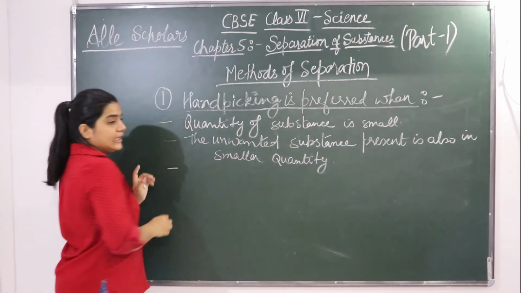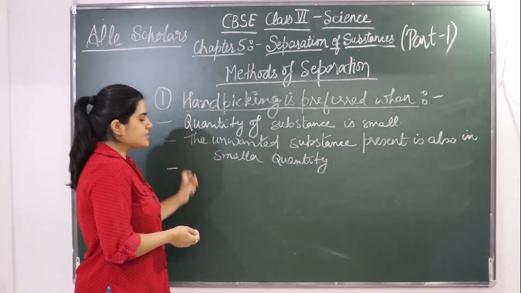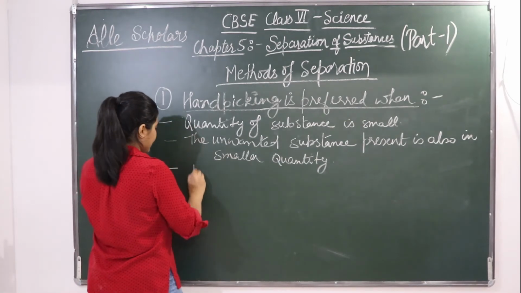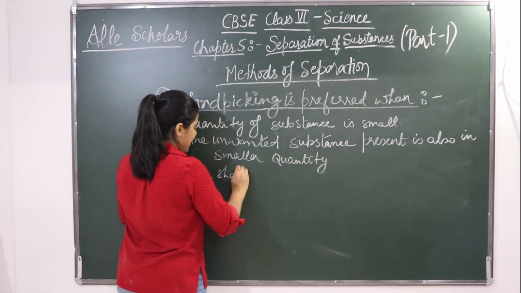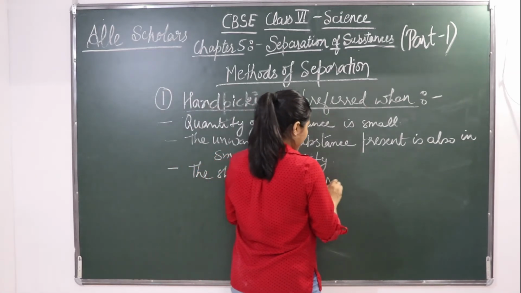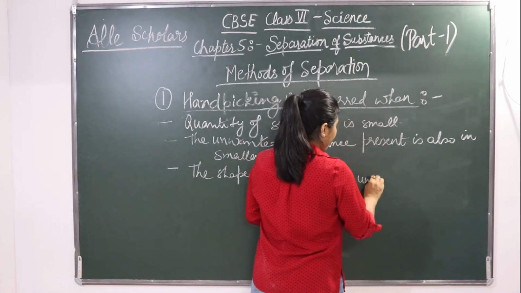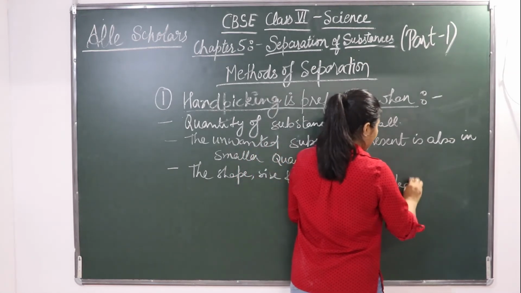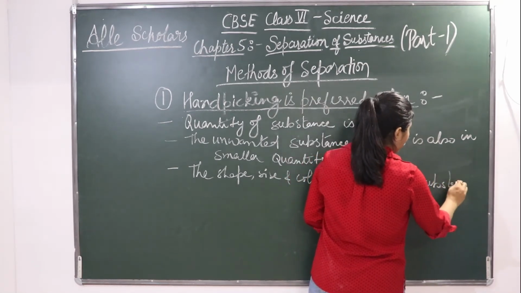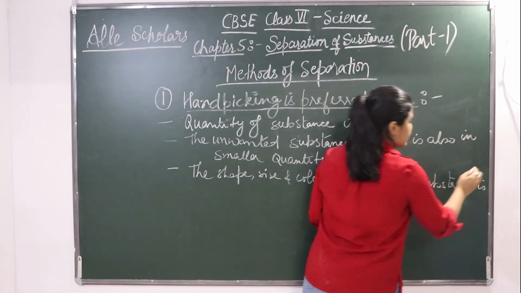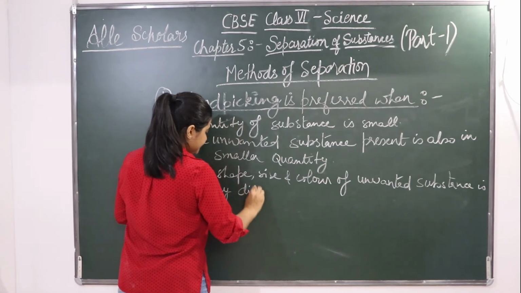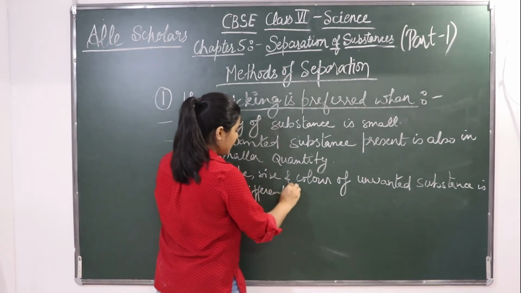Okay. The impurities or unwanted substances, their shape, size, color is very different from the useful one. The shape, size and color of unwanted substance or impurity is very different from that of the useful one.